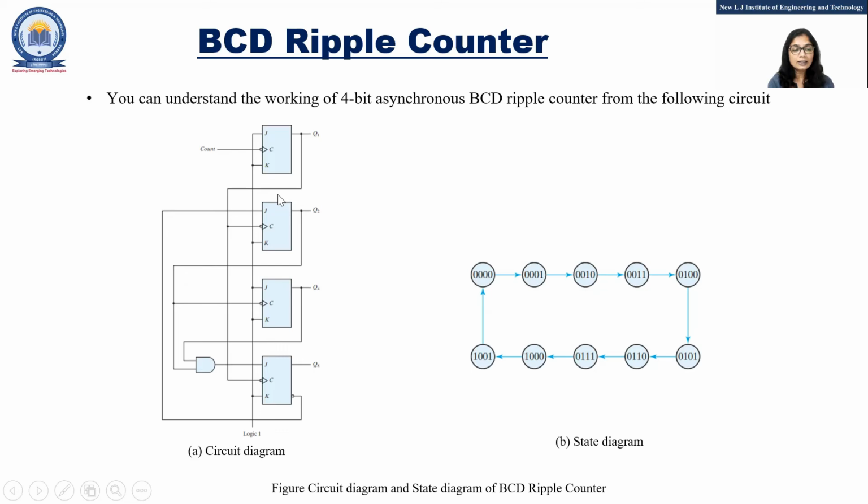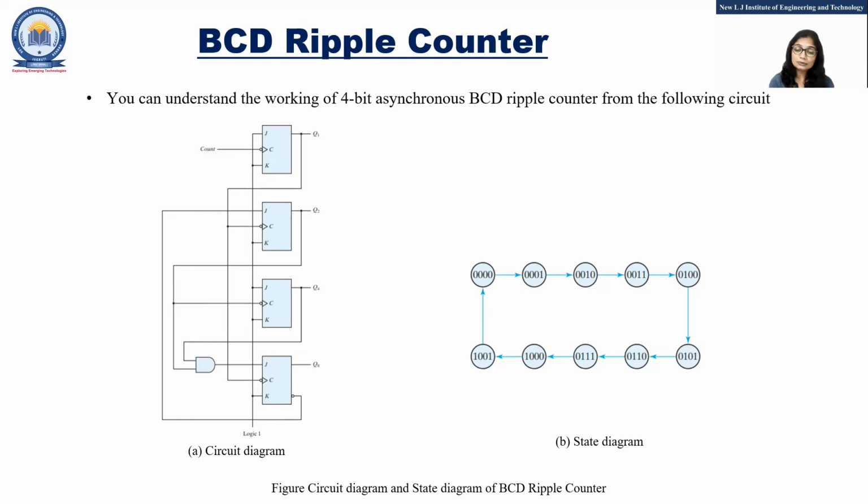You can see here, I am applying the JK to logic 1. But at the second flip-flop and the last flip-flop, I am giving this Q2 and Q4 to this AND gate, and the output of the AND gate will be given to this J. Why?